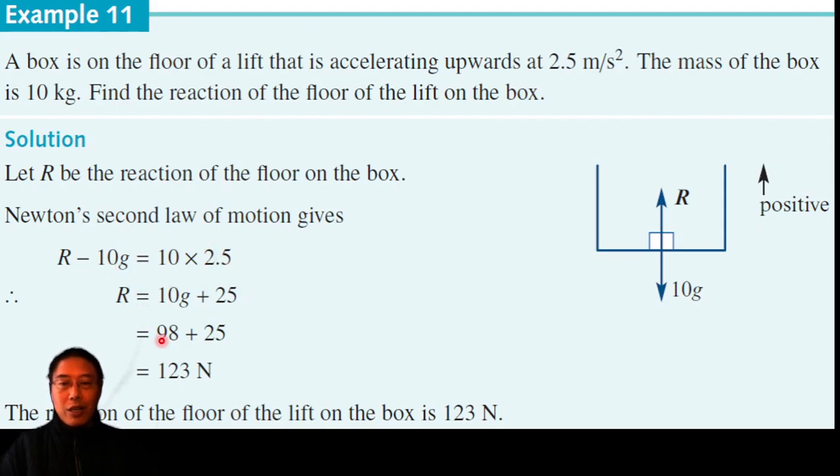You make R the subject, and you have a reaction magnitude, which is also a vector, which is positive 123 newtons, which is the magnitude. Is that what it's just asking you? Okay, and it is upwards anyway because it's annotated up here.